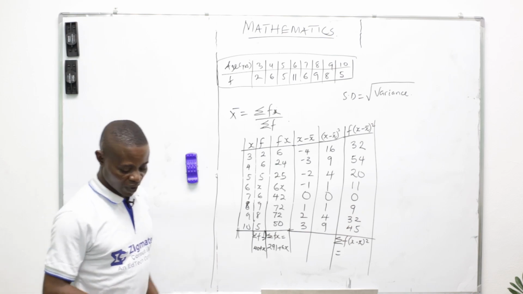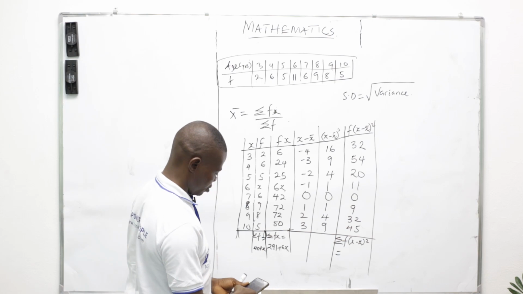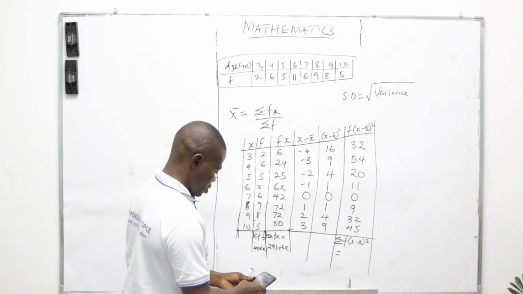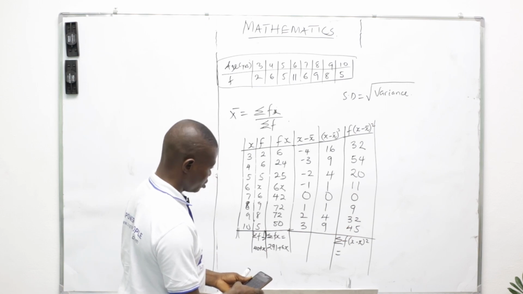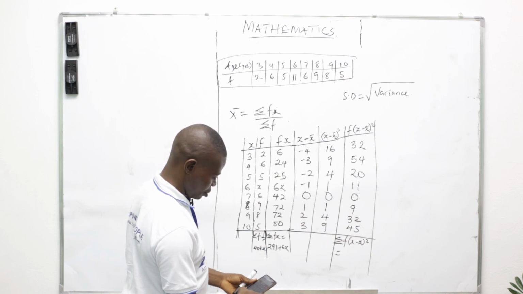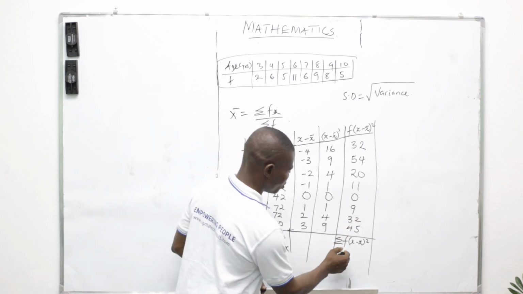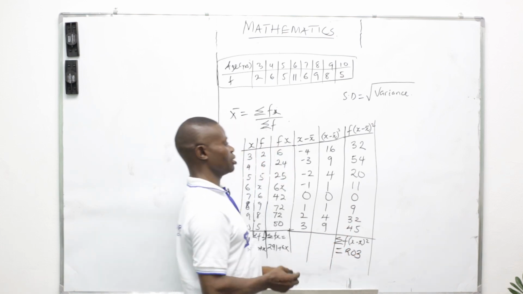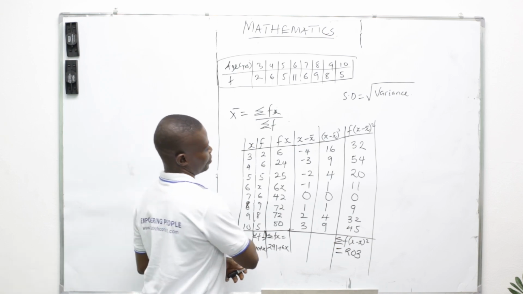Okay? Now let's get the total of the whole thing. 32 plus 54 plus 31 plus 9 plus 32 plus 45, 203. The total is 203.